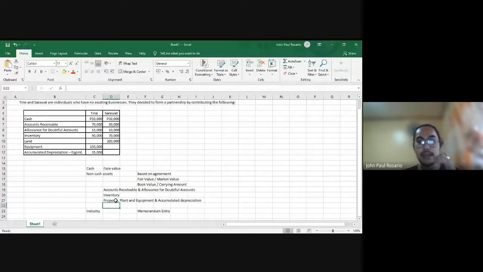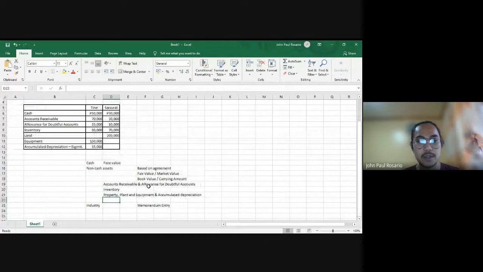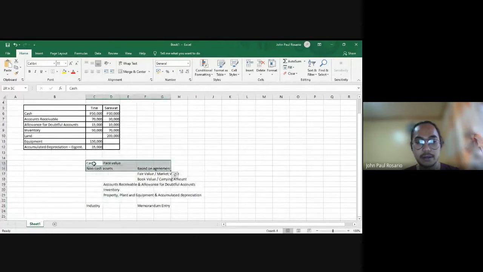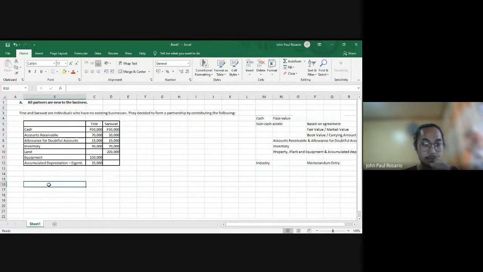Okay, so with that in mind, let's go to our example na. So let me just move this muna here para we can utilize naman this part. Okay. So Thai and Sarat are individuals who have no existing businesses. Let's see.